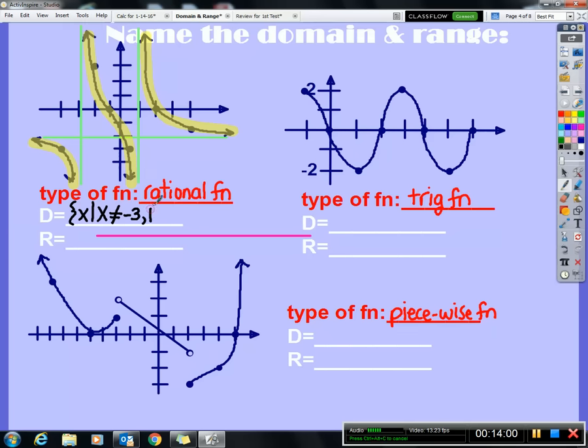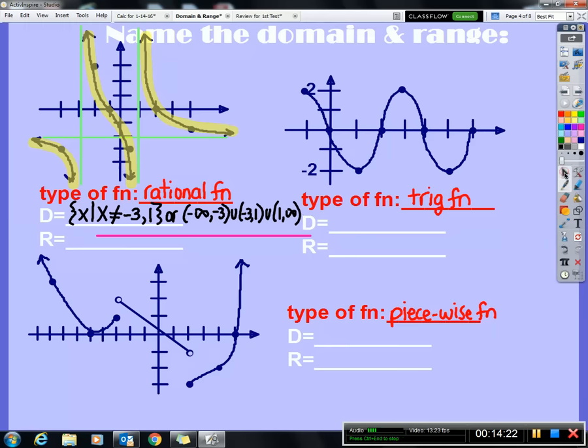That's the notation I would use if it were me. But you could also say negative infinity to -3, union -3 to 1, union 1 to infinity. And then you're giving the individual domains for the 3 individual pieces of the graph.